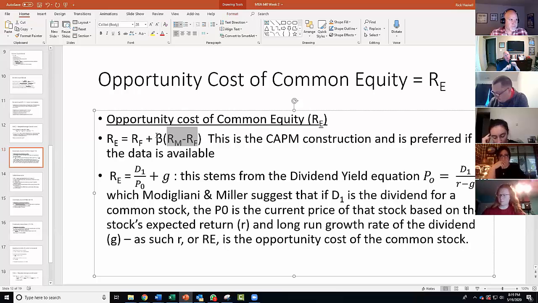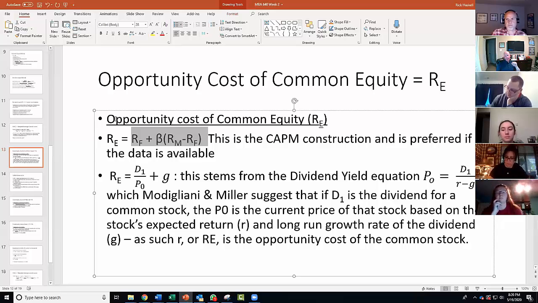If it has a greater return expectation than RM because of risk, that's going to be because the beta factor is greater than 1. If it has less, it's because the beta factor is less than 1. So the sum of these components gives us RE as perfectly market-oriented and opportunity cost as we can find.